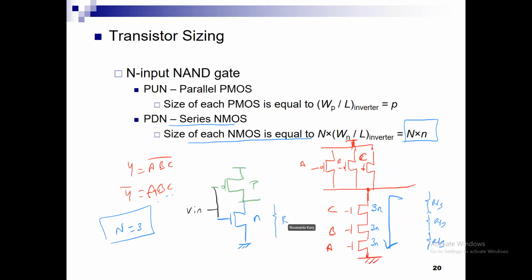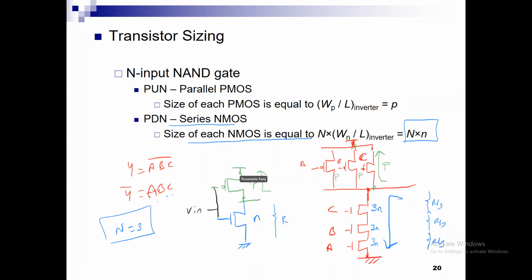Okay, now from the pull-up perspective, the worst case delay is when one of these routes is pulling the output to VDD, is charging the output to VDD. So I have only one transistor, and here I have only one transistor. So if I size this as P or this as P or this as P, then each single path from output to VDD will have the same resistance as from this to VDD.